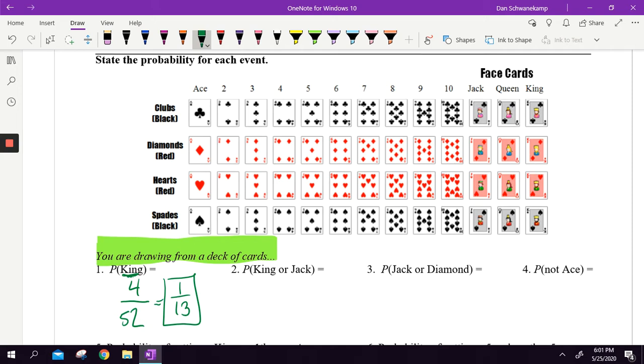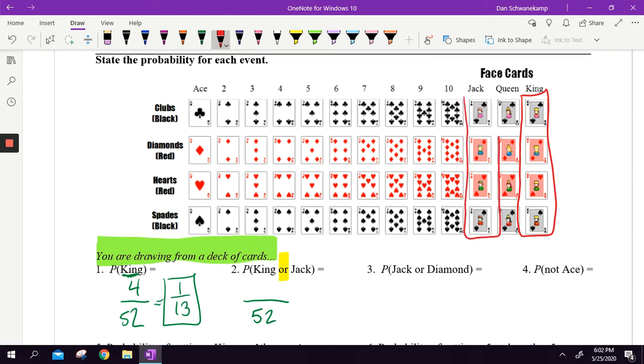Okay, let's keep it up. What is the probability of a king or a jack? So I'm still drawing out of 52 cards, but it's a king or a jack. In the last video, we talked about the word and how and means multiply. Here we're dealing with or. Or means add. So it could be a king or a jack.